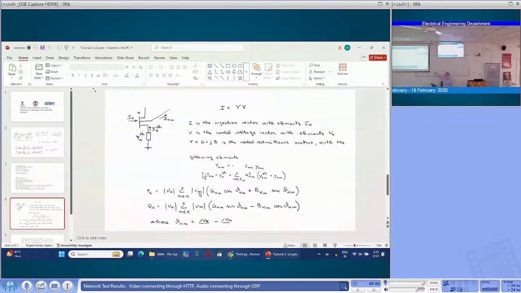So bus 1 and bus 2 will be both bus 1 and both bus 2, and multiplied by the G, that is the real part of the admittance matrix, multiplied by the cosine of the difference of the angles, plus B, that is the imaginary part of the admittance matrix, multiplied by the sine. So we need to write this.